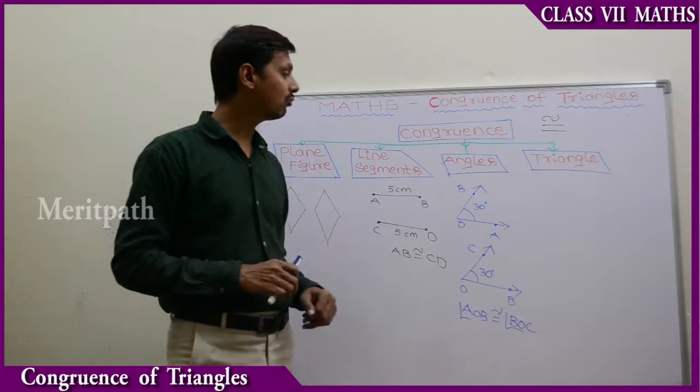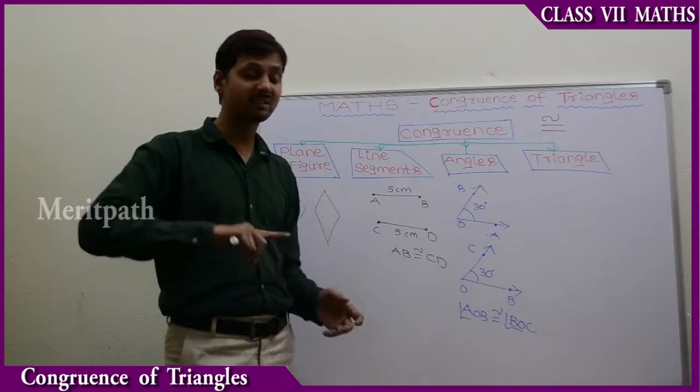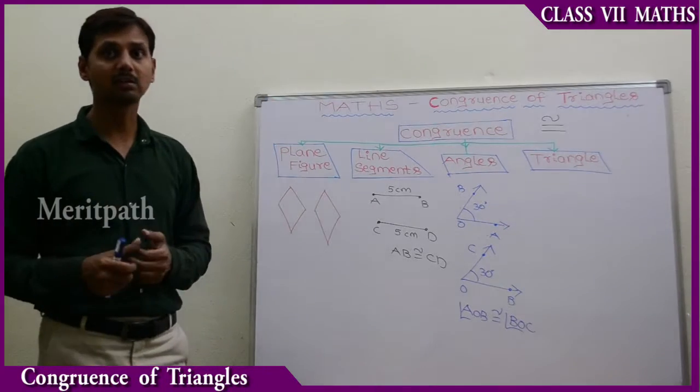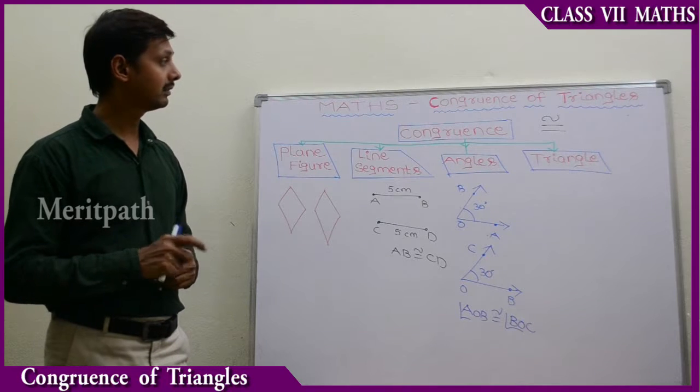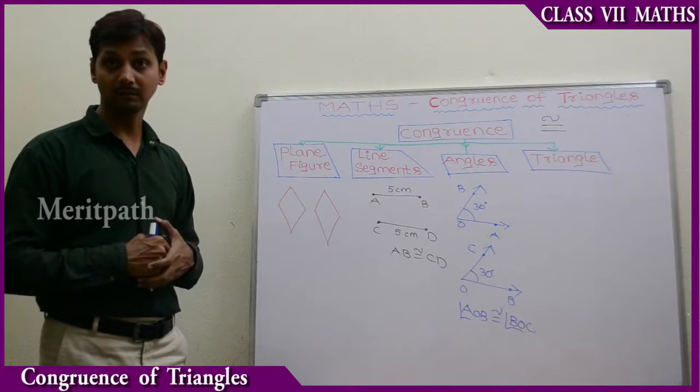So 30 degrees and 30 degrees, they are both equal, and we call them congruent to each other. This is the congruency of angles.